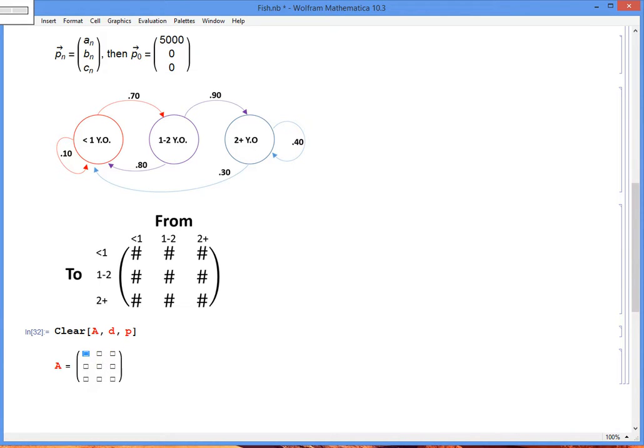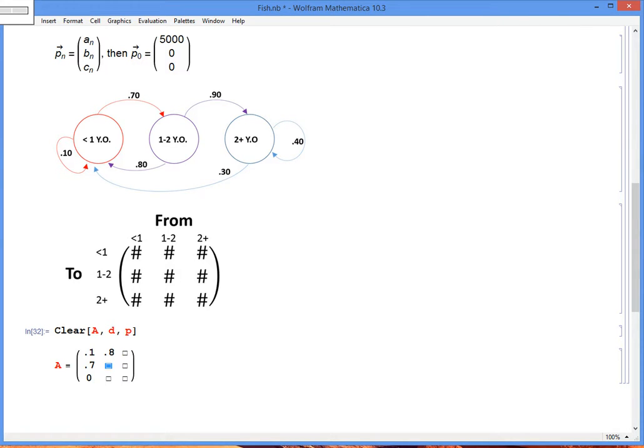If I'm in state less than 1 and I reproduce, my offspring stay there. If I'm less than 1 and I survive, I would go to 1 to 2, and there's a 70% chance of survival. I can't go from less than 1 to 2+ in one step, so that's a 0. And now I'm in state 1 to 2, and my offspring would become less than 1 year old, so there's an 80% reproduction rate.